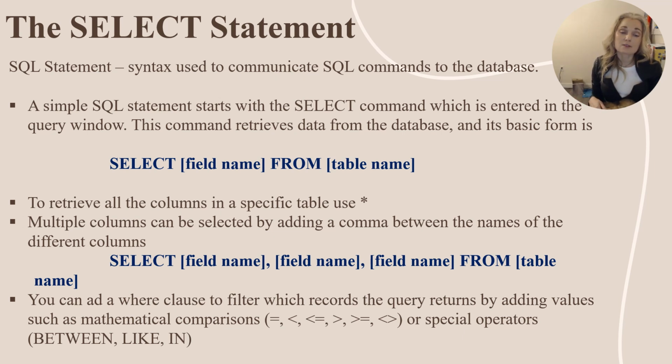If you have dates, you can use greater than or equal to, less than and equal to, or does not equal. So for example, if I want to look at all our customers but Jim Mills, I would say select customer name from the customer table where the customer does not equal Jim Mills, and we can also use between, like, or in our query statements.